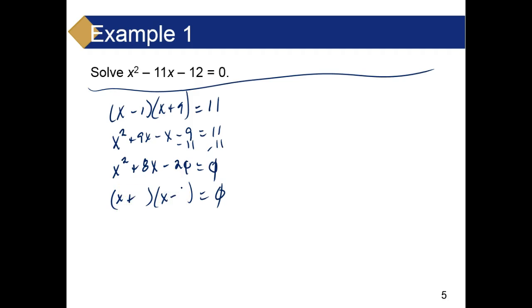Now we want two numbers that multiply to be 20, but the difference is 8. 10 and 2, and which one's larger? Which one goes with the plus sign? The 10, and 2 here. And you can FOIL that again. See, that works: x squared minus 2x plus 10x is plus 8x minus 20. So where do we go from here? And that would be?